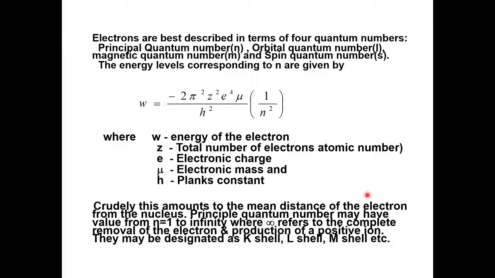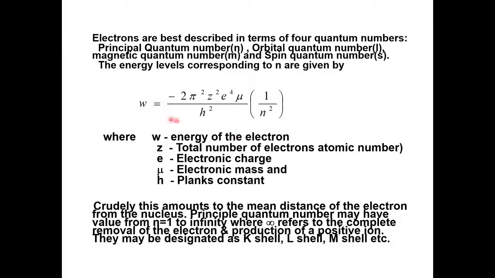What are those 4 quantum numbers? One is the principal quantum number n, the second is the orbital quantum number L, the third is the magnetic quantum number m, and the fourth is the spin quantum number s. The energy level corresponding to an electron in orbit n is given by W equals minus 2 pi squared Z squared e to the power of 4 mu over n squared h squared.